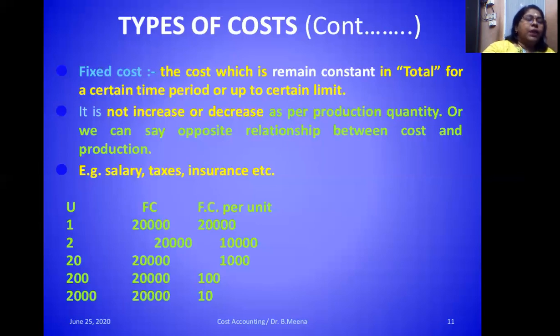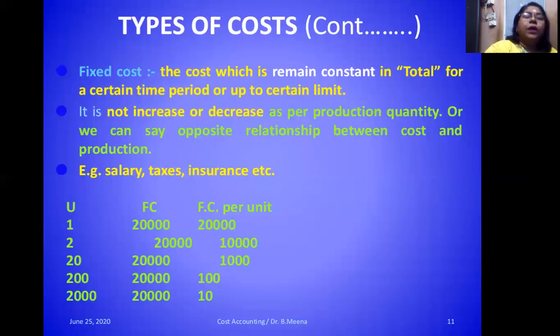In the third instance, when I produce 20 units, look at the change: 20,000 divided by 20, the fixed cost per unit is 1,000. When I produce 200, the fixed cost per unit is 100. When I produce 2,000 units, the fixed cost per unit has become 10. How? 20,000 divided by 2,000 rupees.